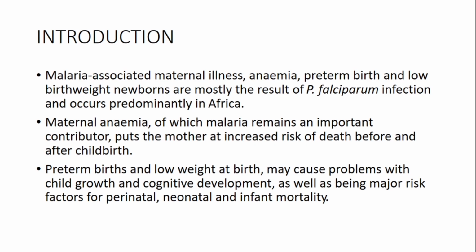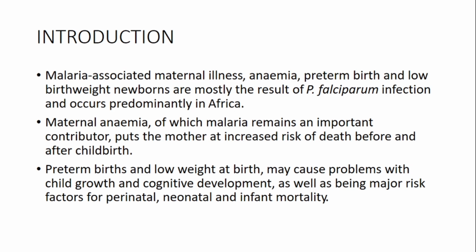The illness associated with malaria and other complications that could follow malaria, such as anemia in pregnancy, preterm birth, and low birth weight babies, typically occur following infestation with Plasmodium falciparum, and this occurs predominantly in Africa. Maternal anemia is an important cause of morbidity and mortality in women, and malaria is one of the significant causes of anemia in pregnancy.